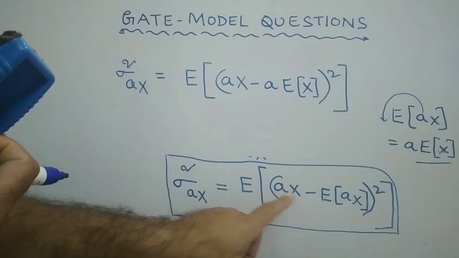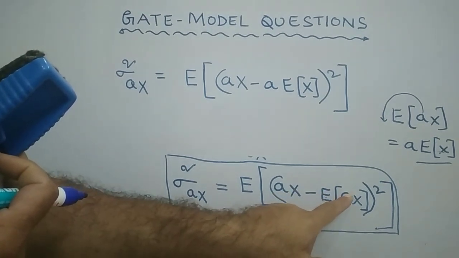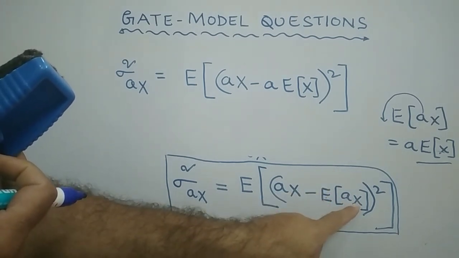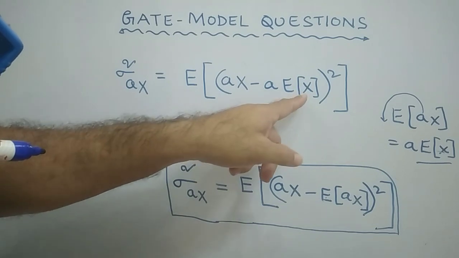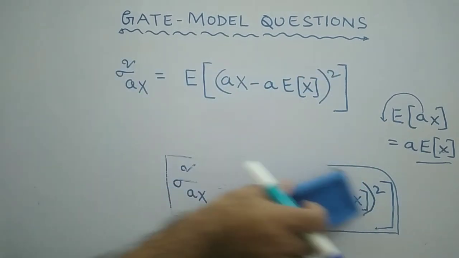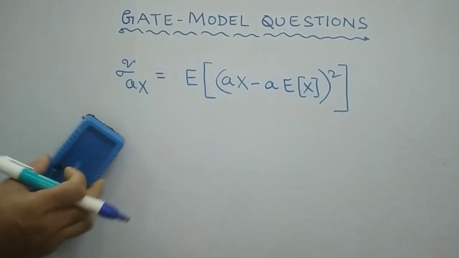You have to take a outside because it is a constant. Therefore, if you put this a before the expected value of x, the whole square will still be there. Understood? Now it is very clear, no?